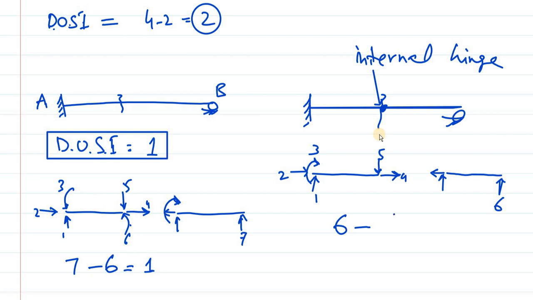So in total we have 6 equilibrium conditions available. So this becomes 6 minus 6 equal to 0. Now this beam is statically determinate. Its degree of static indeterminacy is now 0. This is because of introducing an internal hinge in this beam.